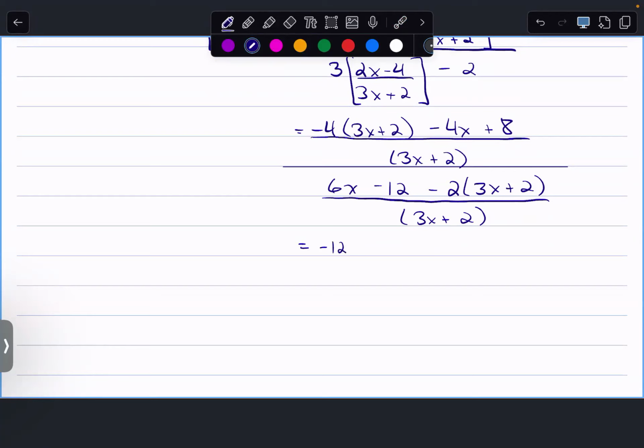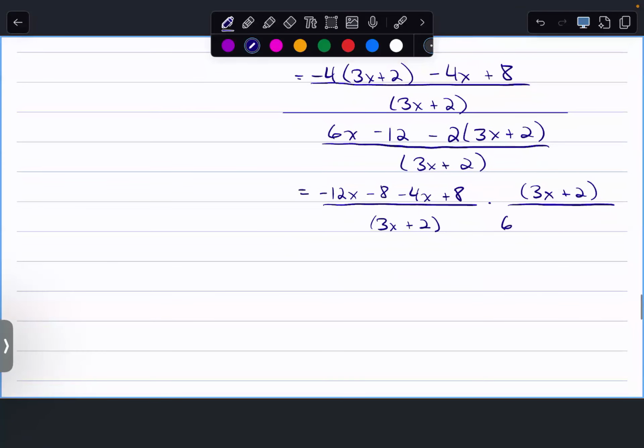I get negative 12x minus 8 minus 4x plus 8 divided by 3x plus 2 times 3x plus 2 from the denominator of the denominator, 3x plus 2, divided by 6x minus 12 minus 6x minus 4.